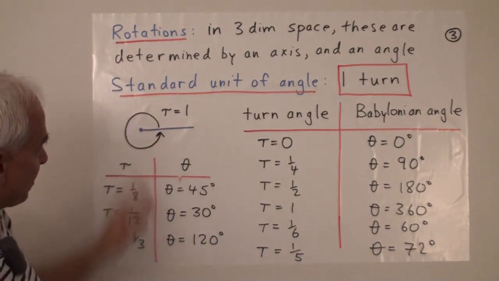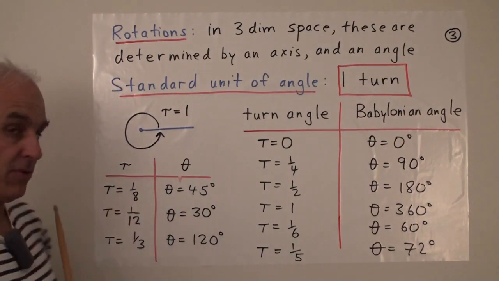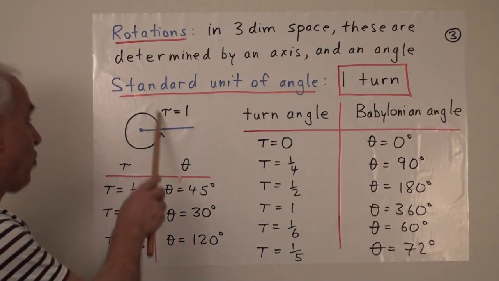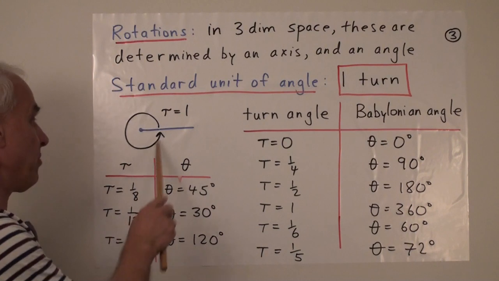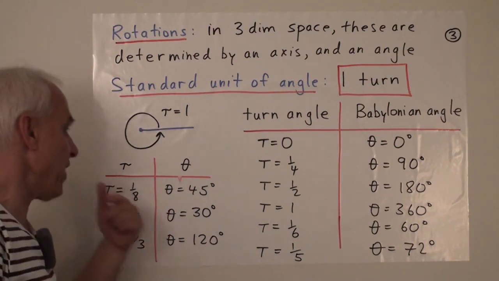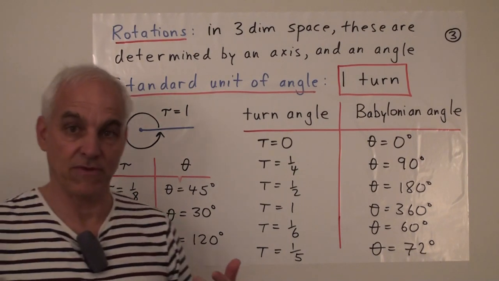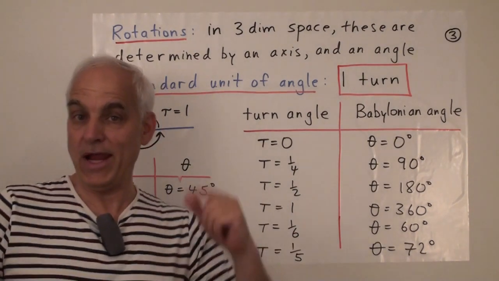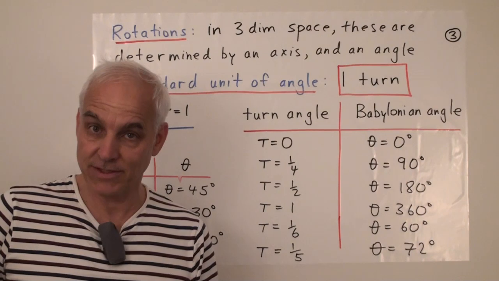If we look at the planar situation, we're thinking about something centered there, and we're rotating around or moving around by a certain amount. How are we going to measure that amount? Should we measure in terms of degrees or radians or perhaps something else?